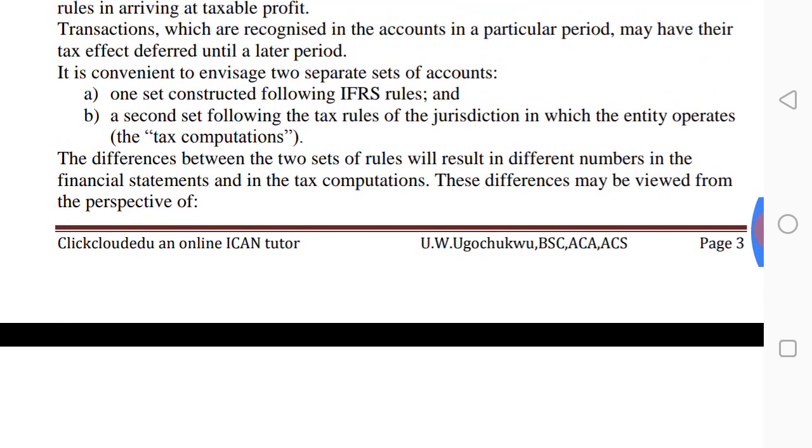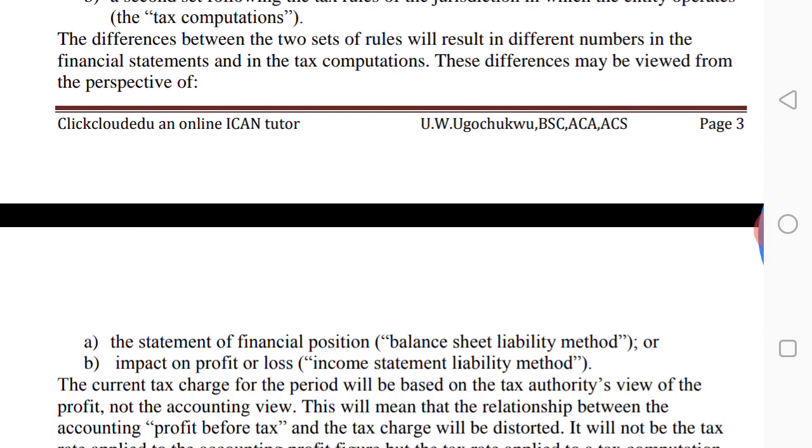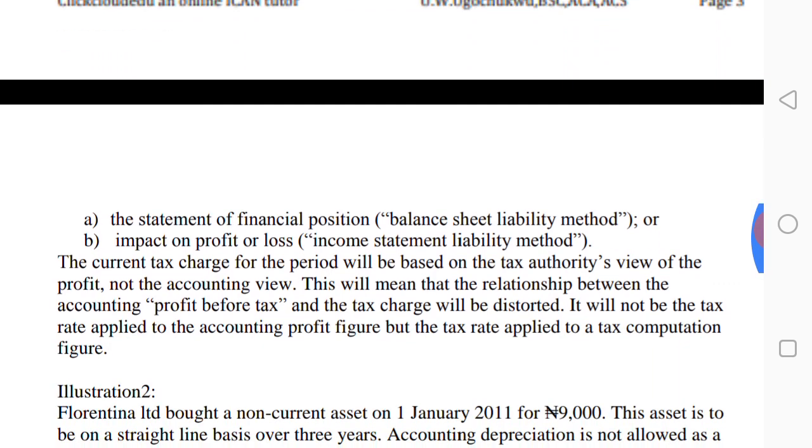It is convenient to emphasize two separate sets of accounts: one set constructed following IFRS rules, and the second set following the tax rules of the jurisdiction in which the entity operates. The difference between these two sets of rules will result in different numbers in the financial statement and in the tax computations. This difference may be viewed from two perspectives.